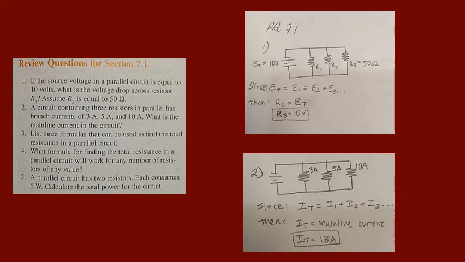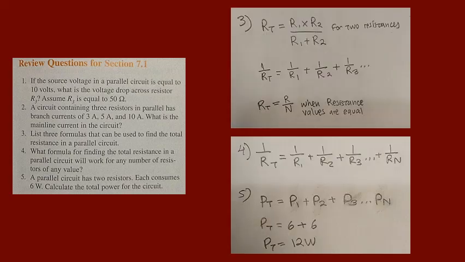Question 3, list 3 formulas that can be used to find the resistance in a parallel circuit. The formulas are shown on the screen. Number 3 on the right side, where resistance total equals resistance 1 times resistance 2 divided by resistance 1 plus resistance 2. This is the product over the sum formula for 2 resistances only.